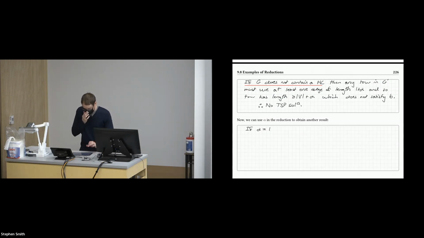So now, if I set alpha equal to 1, then all edge lengths are either 1 or 2.